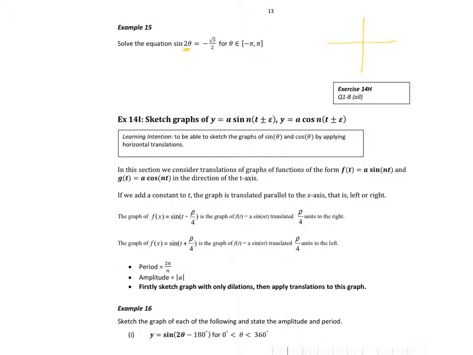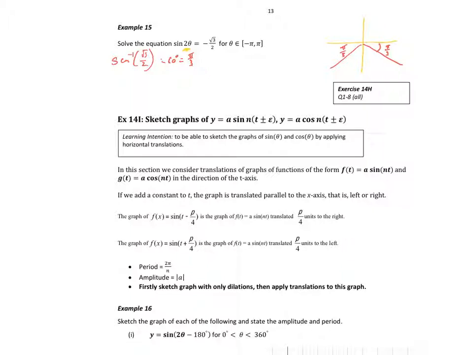Sine theta is negative here and here, and I want sine inverse of root 3 on 2. So what angle gives me root 3 on 2 for sine? Again, that's 60 degrees, which is pi on 3. So that angle there is pi on 3, and that angle there is pi on 3.